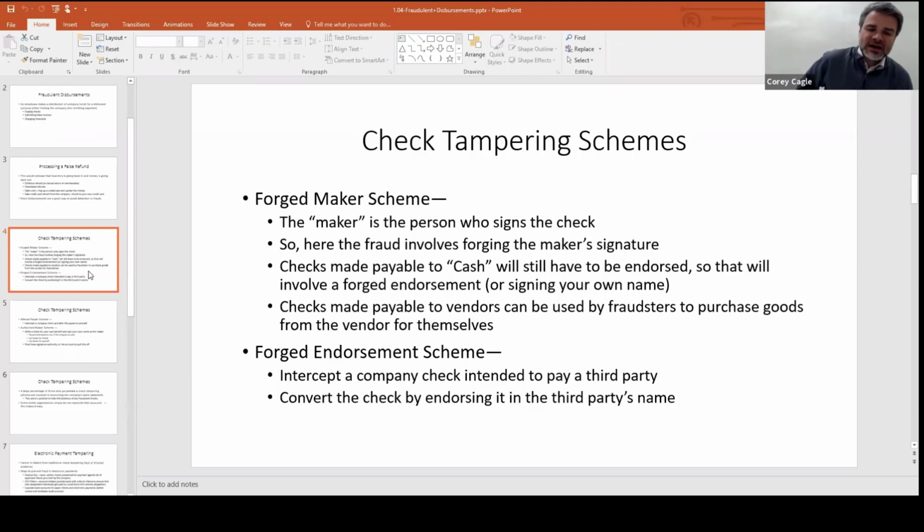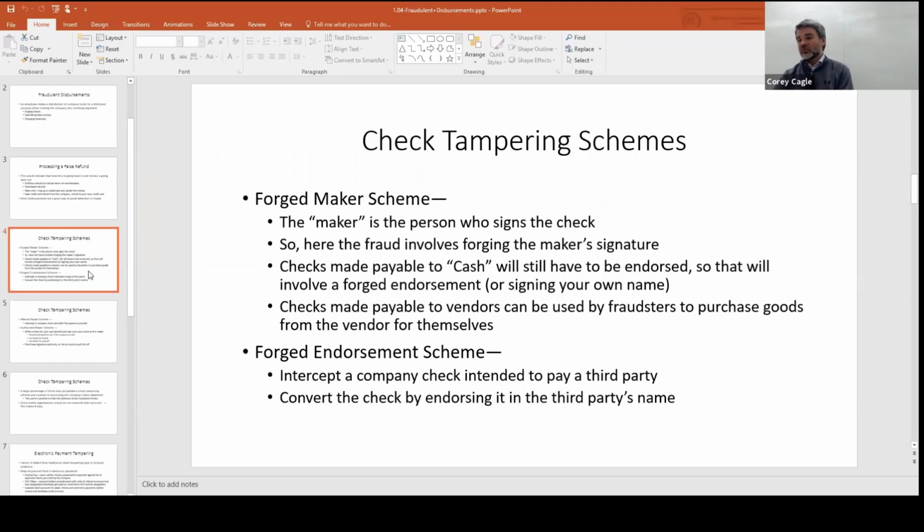So a forged maker would be forging the person who signs the check, right? Somebody grabs the check that says Corey Cagle at the top, writes $1,000 to themselves and signs my name on there. They have forged the maker, right? They have acted like they're me, wrote one of my checks to themselves, right?